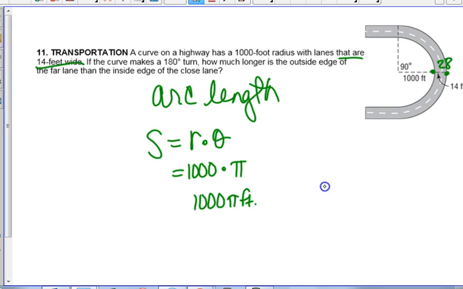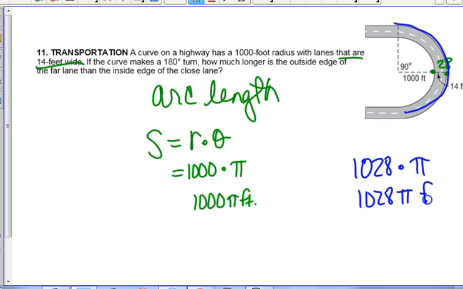Yeah, that's a pretty wide lane, isn't it? I don't know. So we're going to go the arc out here, guys. Shh, the arc out there on the outside is 1,028 times the radians of 180 degrees, which is pi.